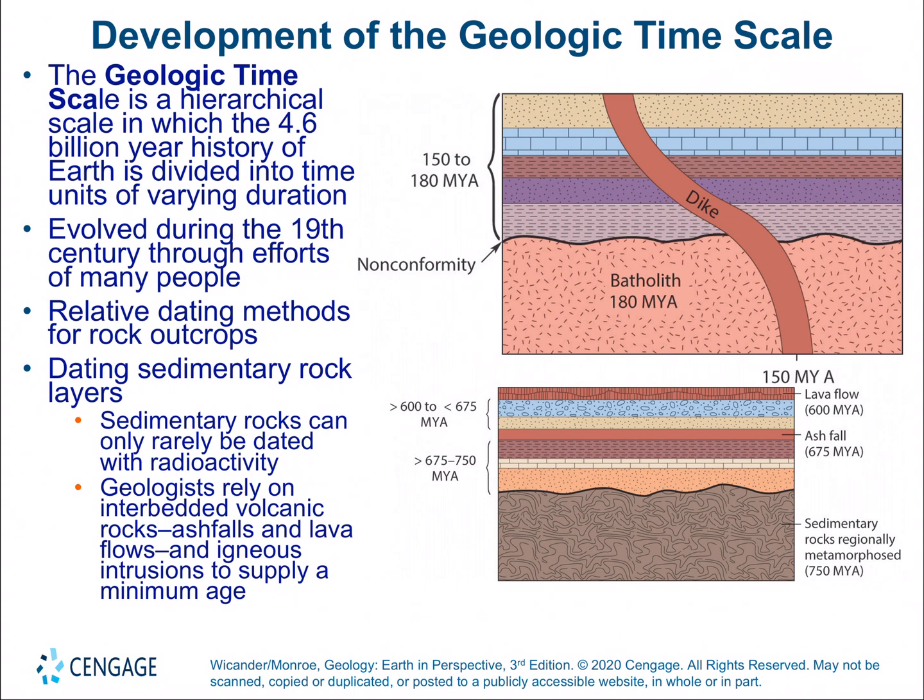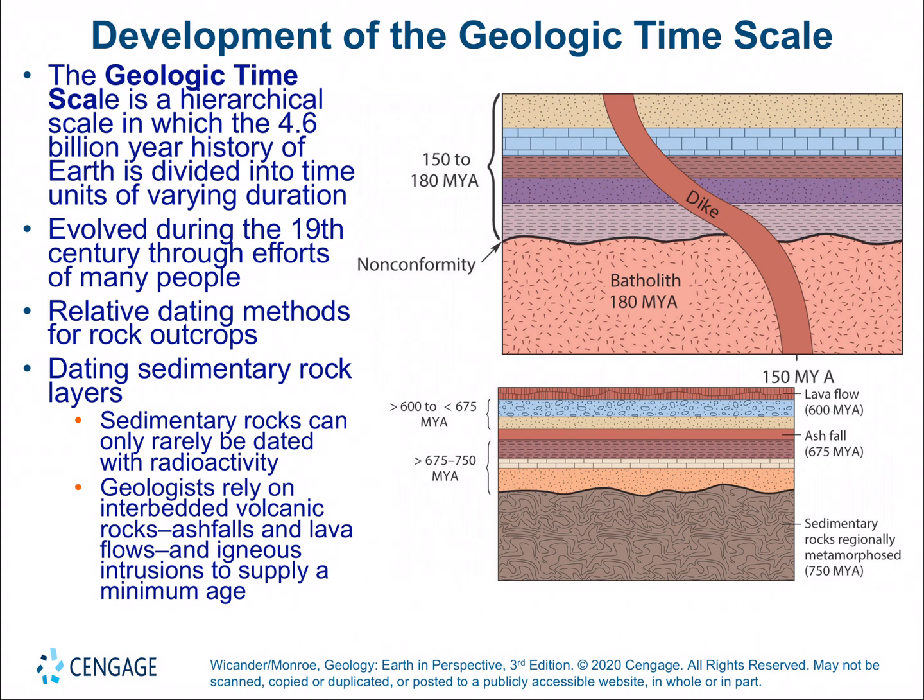Now, if you remember, sedimentary rocks can rarely be dated radioactively, so we rely on interbedded volcanic rocks, ash falls, lava flows, and igneous intrusions to supply us that minimum age.